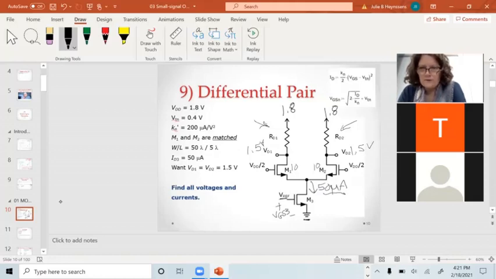The transistors are identical. They have the same W over L, the same on resistance. The resistors are perfectly matched. They have the same resistance in there. And VD1 equals VD2 exactly. Then I've got 50 microamps being split between two identical circuits. What's the ID of M1 going to be? 25, yeah. It's split exactly in two.